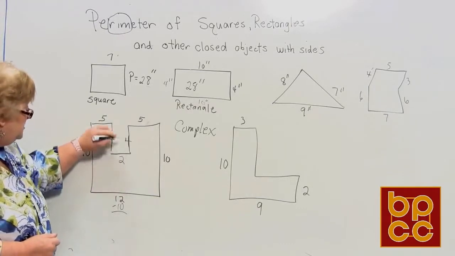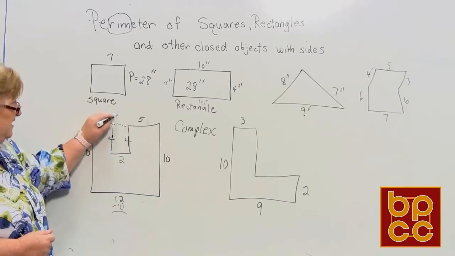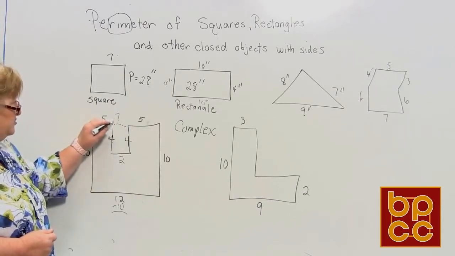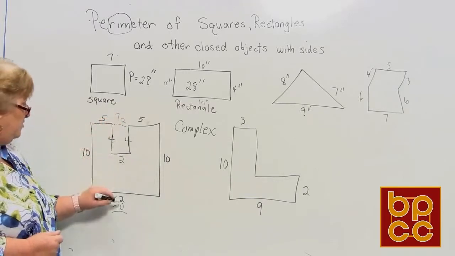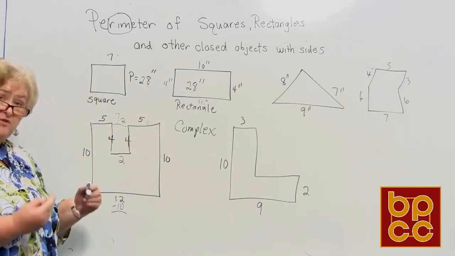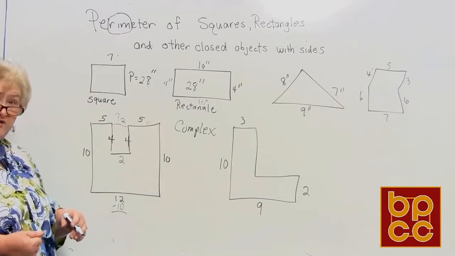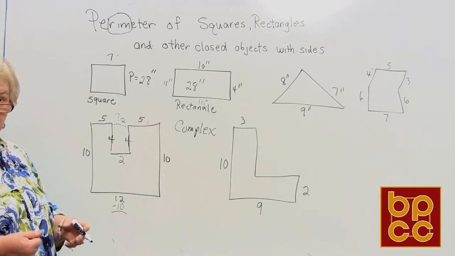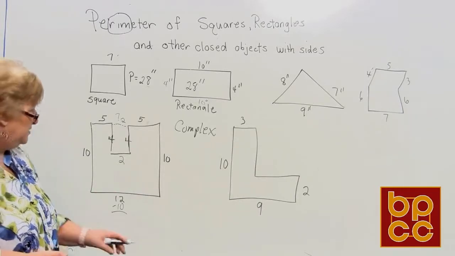If I were to push that up, just so you can see it in line, I need a 5, a something, and a 5 to make 12. And 5 and 2 make 7, and 7 and 5 more make 12. So once you have all the sides labeled, now you can go around and add up all the sides to get the full, complete perimeter. Okay, I'll let you add that up yourself. You can do that. Okay, let's look at this one.